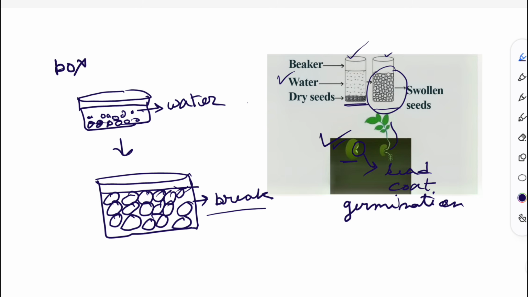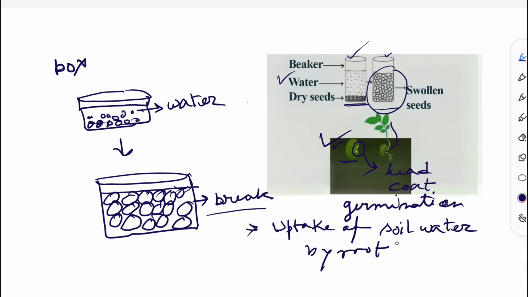Now imbibition helps in the uptake of soil water by root hairs, right? And it helps in the movement of water from cell to cell in the plant body. So I'm going to give the examples. First of all, it helps in uptake of soil water by root hairs.